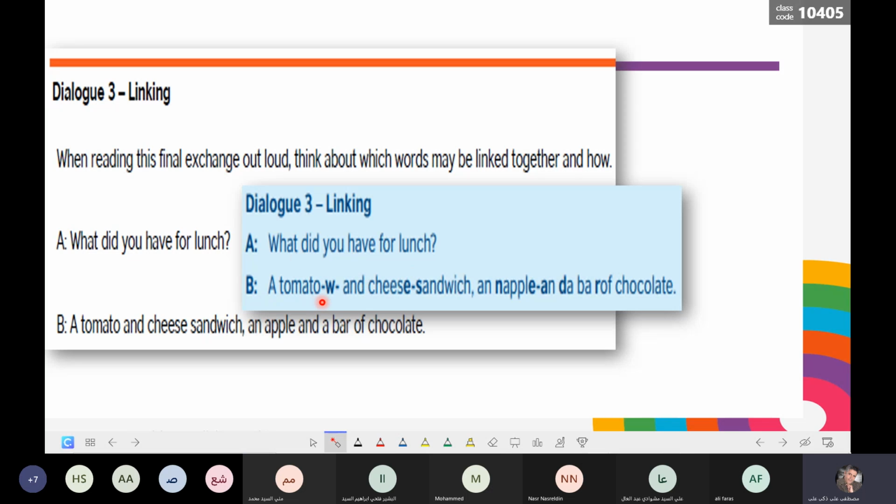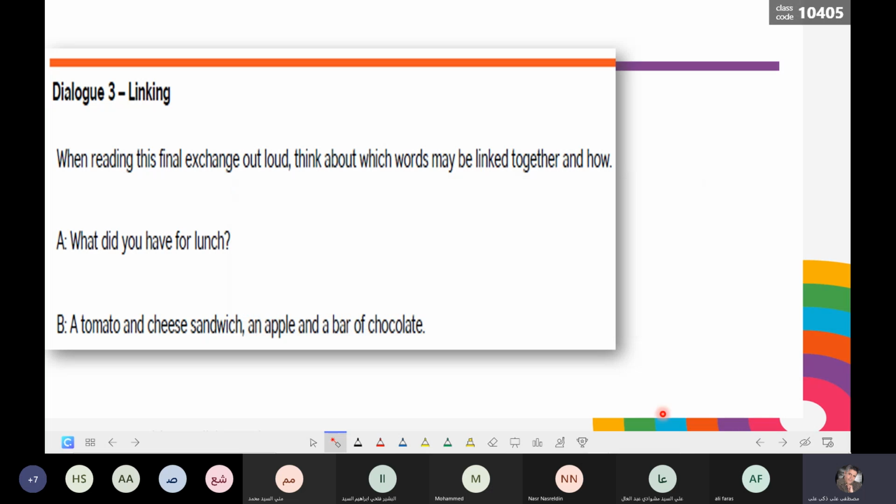Okay, I want you to note the word tomato, and one. We have here the O sound and the A sound in the word and; there are two vowels.